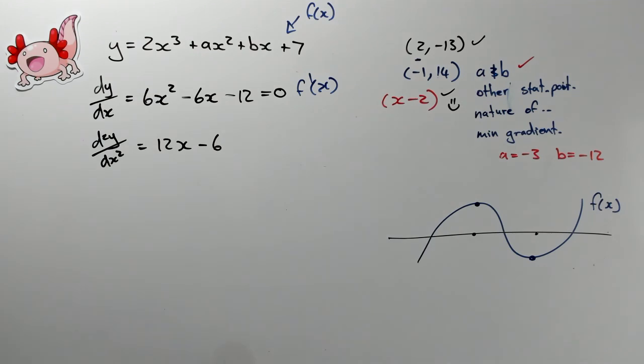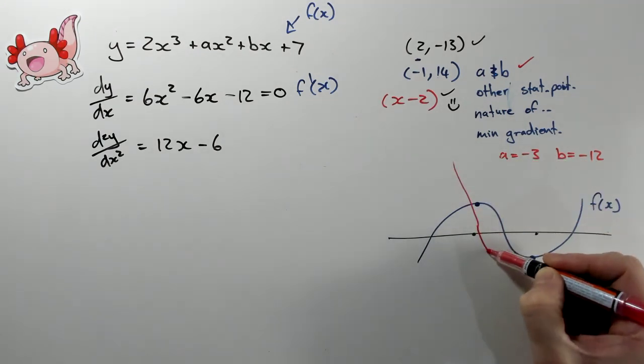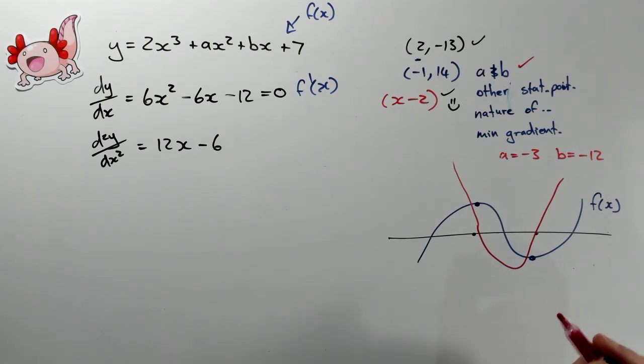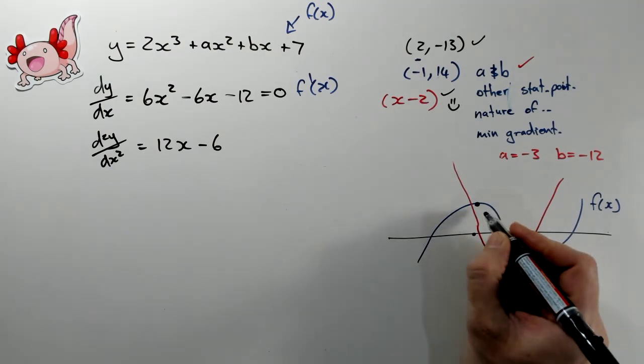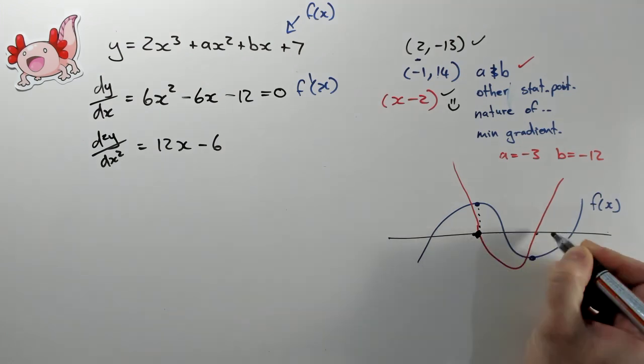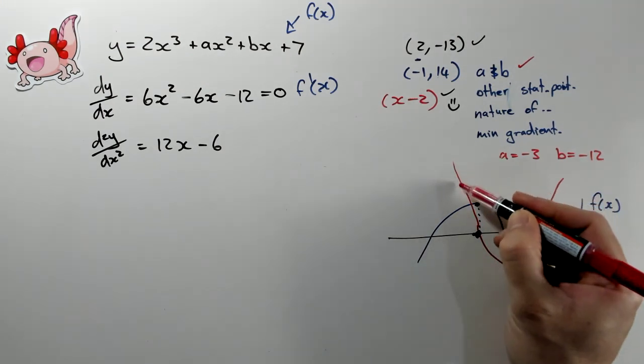If I were to draw this, it would go something like, oh my goodness, I had one job. Oh dear. Anyway, forgive me. Let's just say this would line up there, and this would line up there. And this is the gradient function.